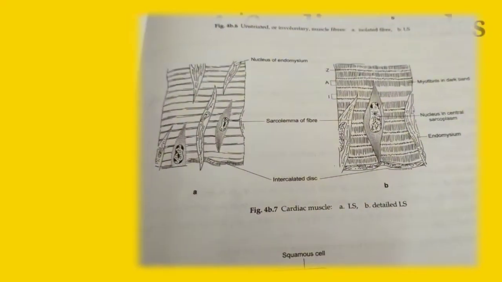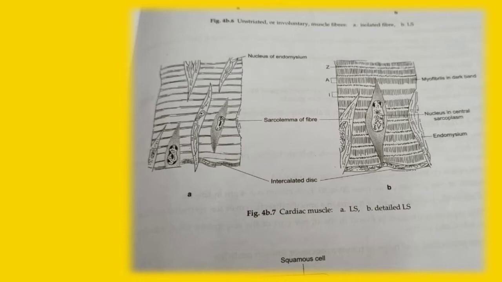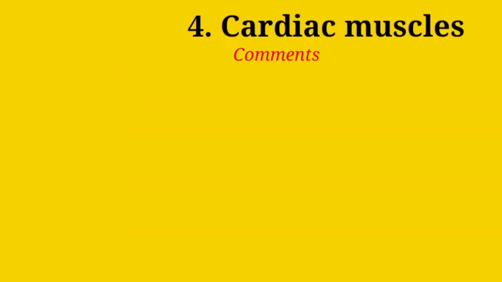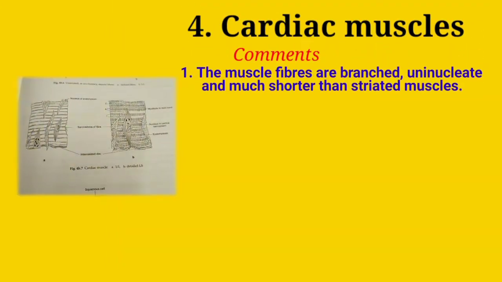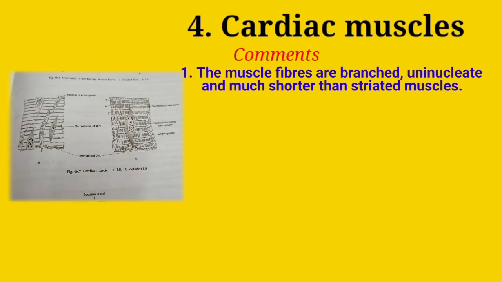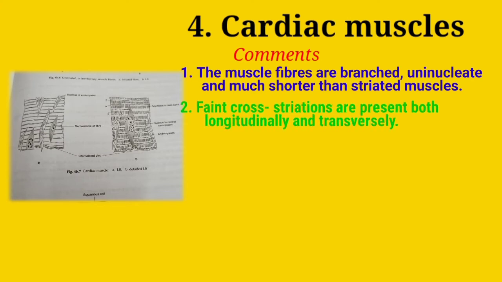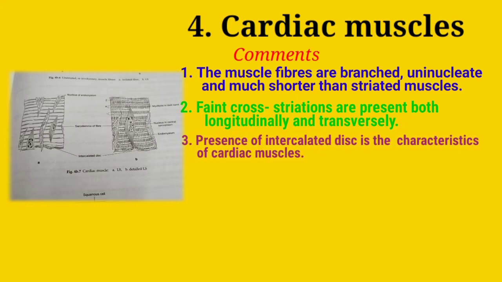The next slide is cardiac muscles. Here the muscle fibers are branched, uninucleate and much shorter than the striated muscles seen earlier. The striations are seen both longitudinally as well as transversely, and there are intercalated discs. These interconnected discs are the main characteristic of cardiac muscles.